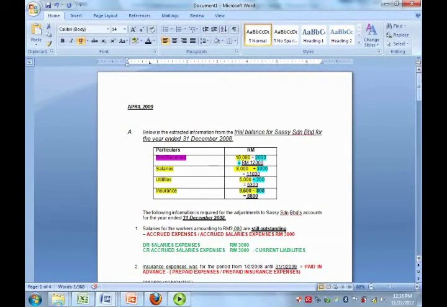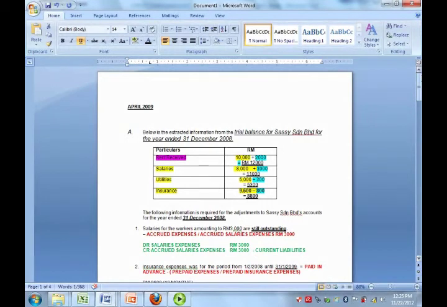Next, accrued revenue. When other person still owes, or not yet receive, so when accrued, you need to add to your original amount of your revenue. So automatically one in income statement, another item we transfer to balance sheet, considered as accrued revenue.